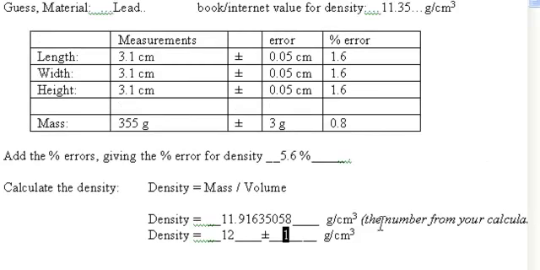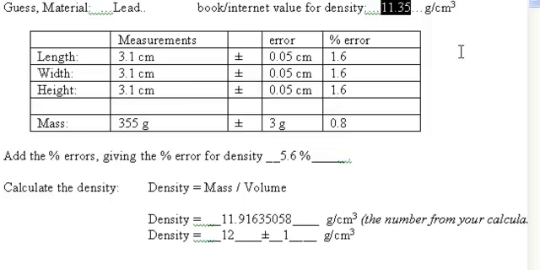Now, beyond that, I can also use my error of plus minus 1, and that gives me a kind of error range. So actually my measurement could be anywhere between 11 and 13. And now I compare it to the density that I found from the book or on the internet, and it says 11.35. Because of my measurement error, I didn't come up with the exact number, 11.35, but I came up with 12.